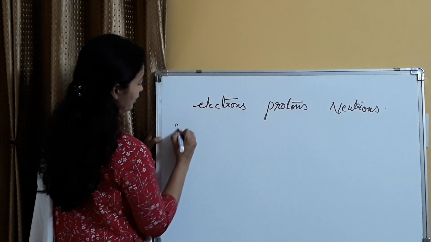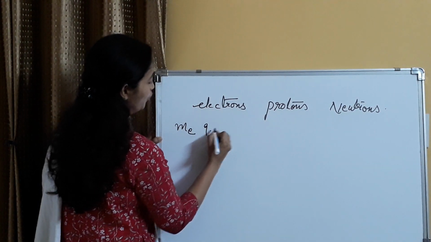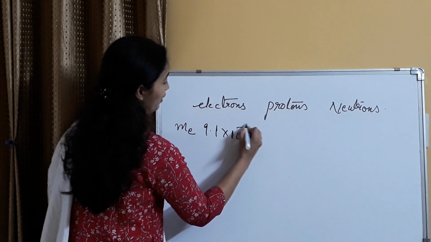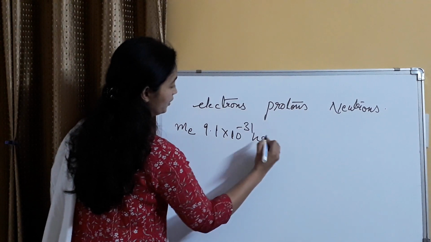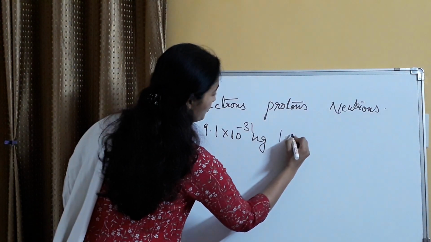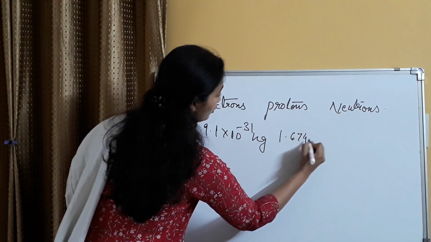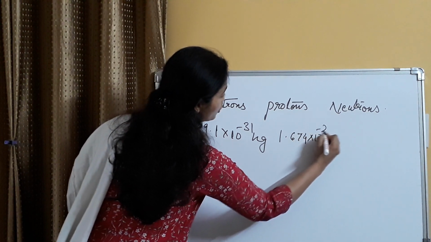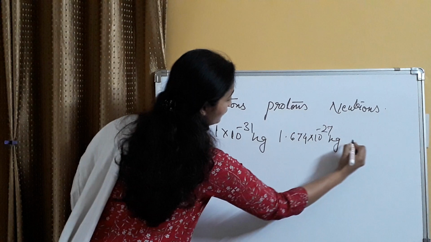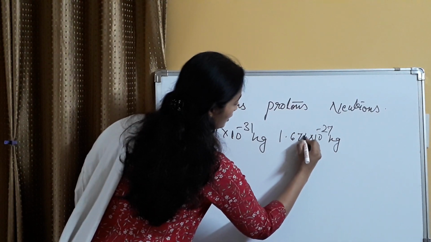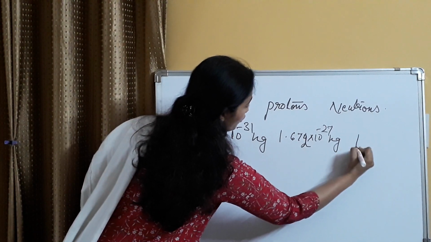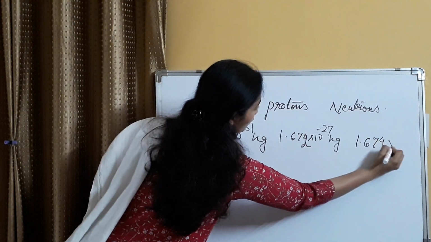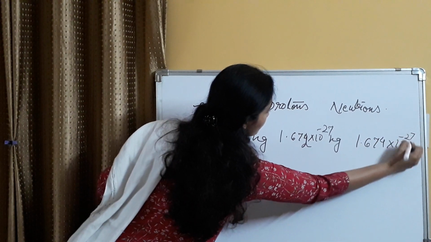Electron has a rest mass of 9.1 into 10 to the power minus 31 kg. Protons and neutrons, 1.674 into 10 to the power minus 27 kg.